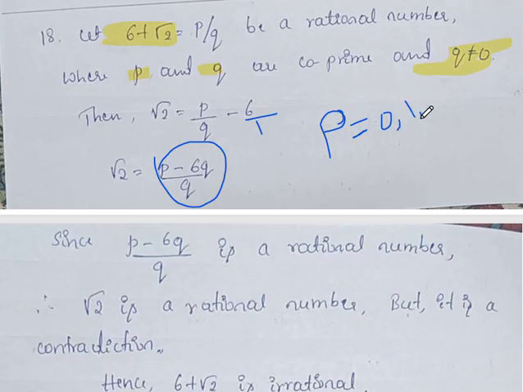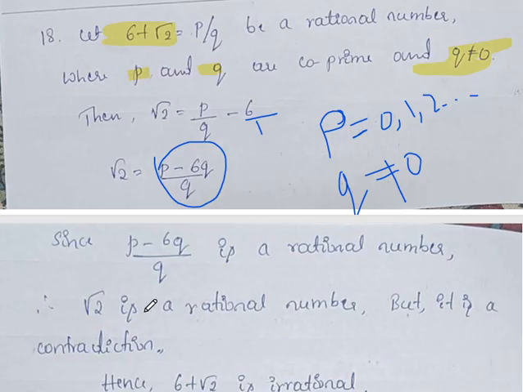But the Q value should not be equal to 0, it should be greater than 0. Any values you give for P and Q and simplify, you'll get a rational number. You will not get any square root or pi values. So we can consider P minus 6Q divided by Q as a rational number.